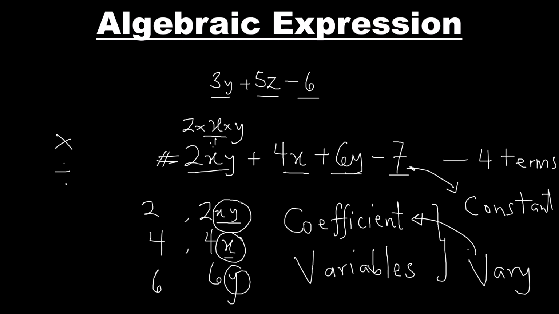That is written as 2xy. And 4x is actually 4 times x. That's what you see as 4x. And 6y is actually 6 times y. But keep this in mind, in writing algebraic expressions, we really do not write the multiplication sign in there.